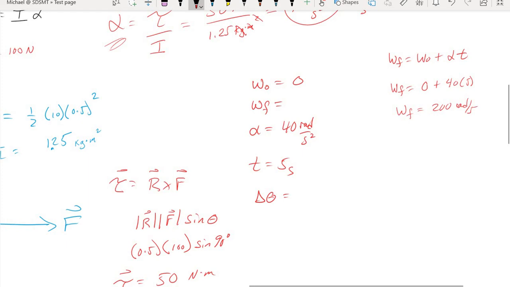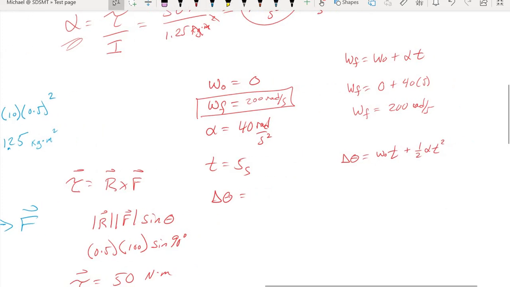Next, we'll go and solve for the angular displacement. And for that, we would prefer to use the equation that does not use the final angular velocity. And so this is the equation that does not use the final angular velocity.